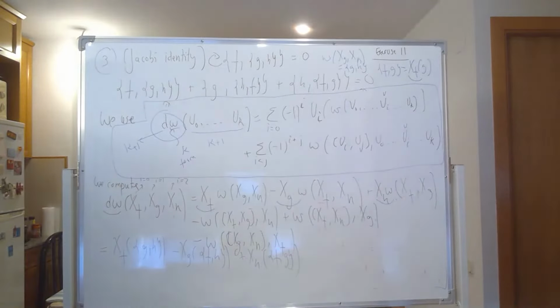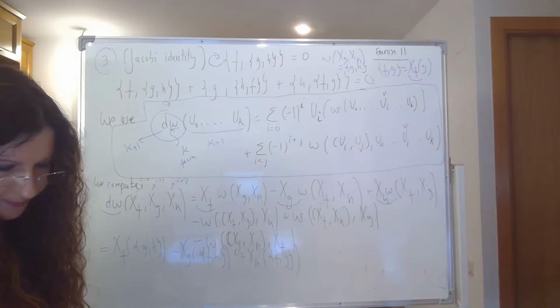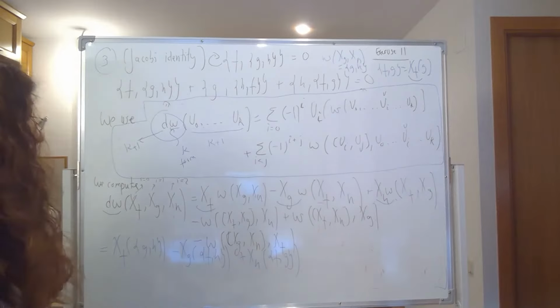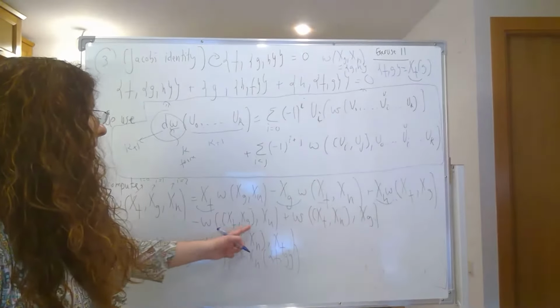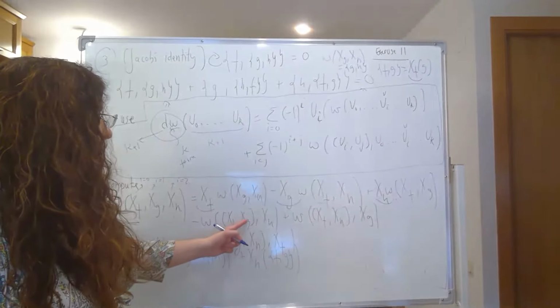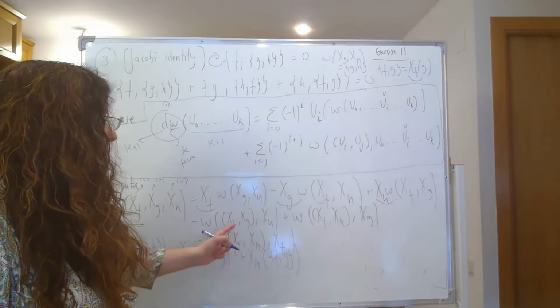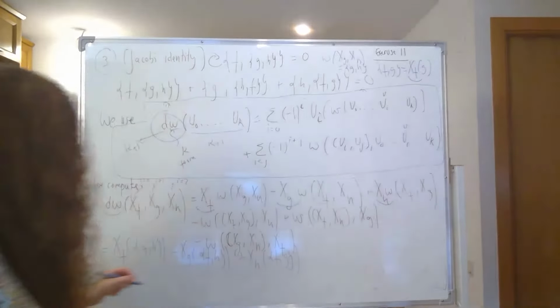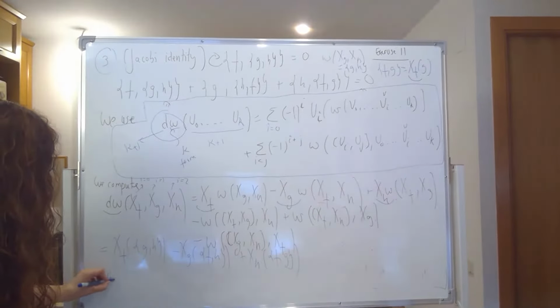Okay, then what happens with the other guys? First I can identify, using the previous identity, that the bracket of X F X G equals X of the bracket of F and G. So again, I'm going to do this in two steps. So I'm writing minus omega.